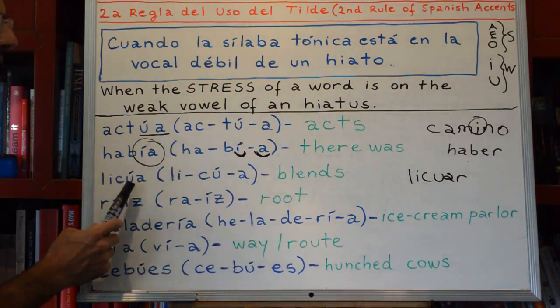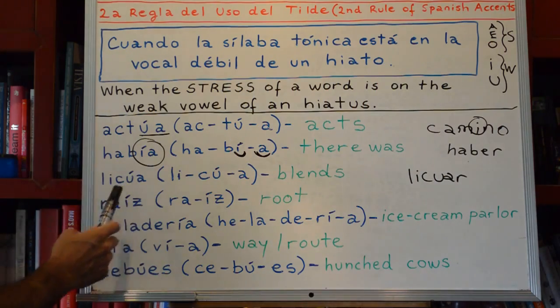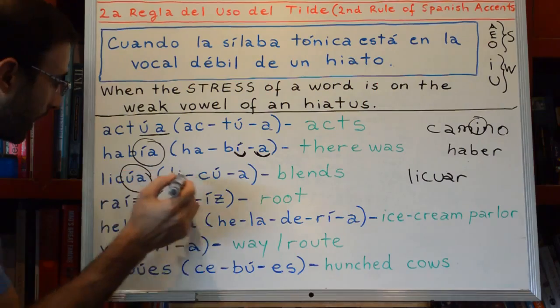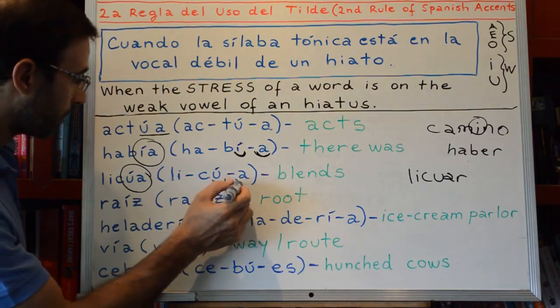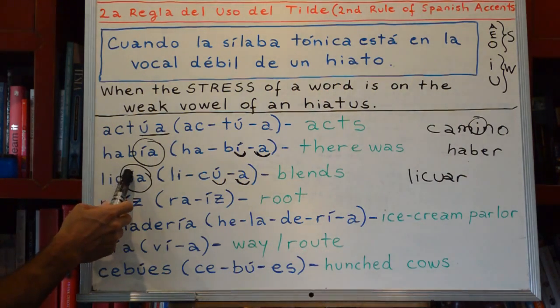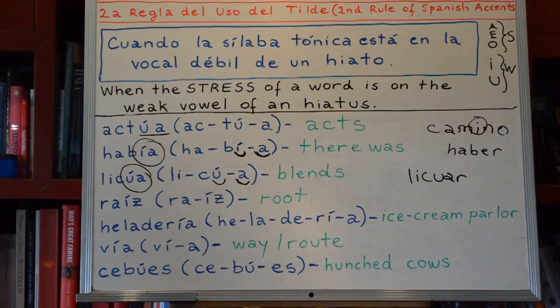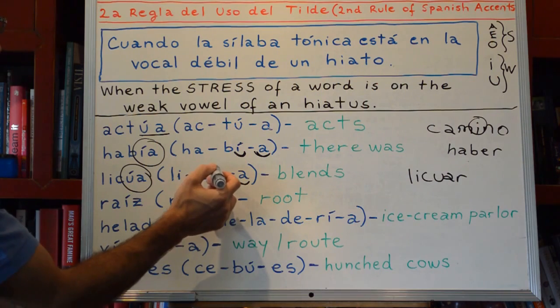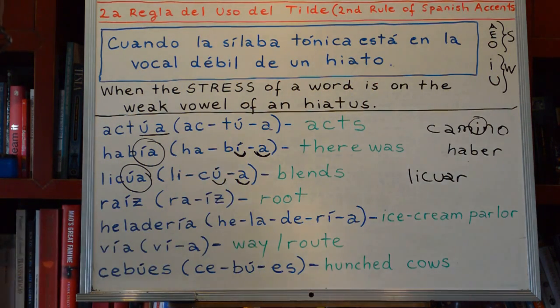Actually, sorry, means blends. Licúa. So again, we have an hiatus here, okay? Here it's separated into 2 different syllables. And licúa. The accent, the intonation is on the U. Licúa. Therefore, the U, since it is a weak vowel, carries the tilde, okay?